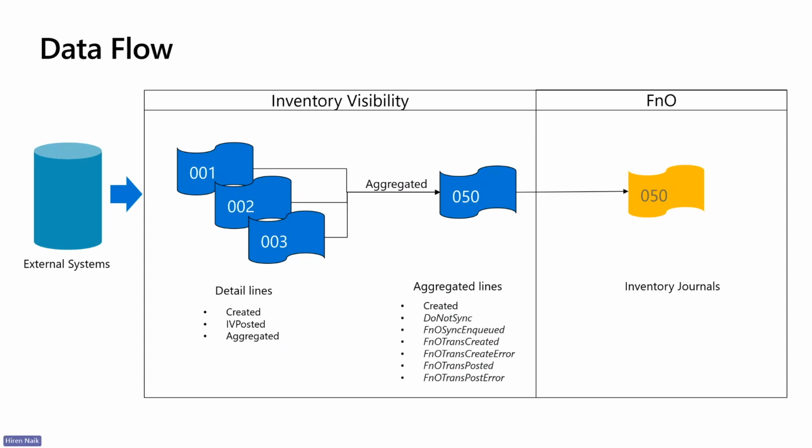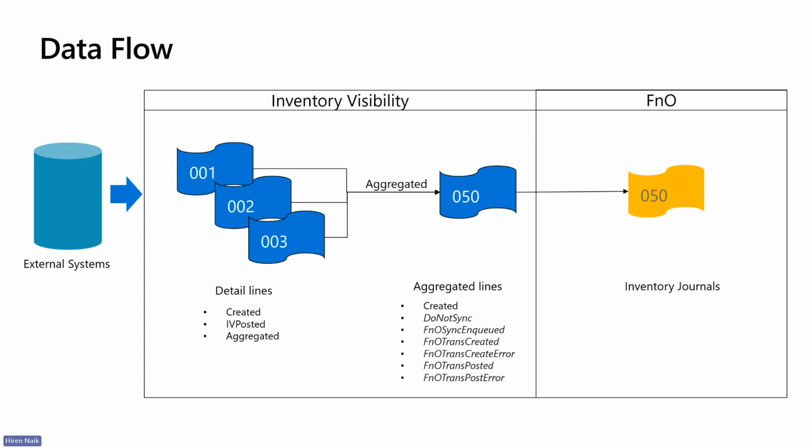For any reason, if the FNO adjustment journal creation fails, then the aggregation line status will turn into FNO trans create error. And then if you have set up the batch job to post the inventory adjustment journal, for the successful posting of the inventory adjustment journal, the aggregated line status will turn into FNO trans posted.